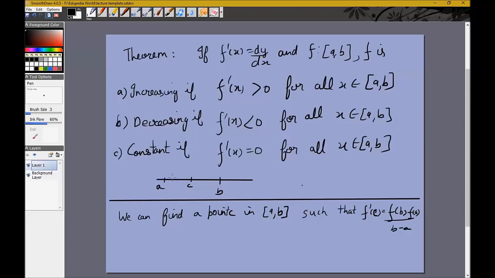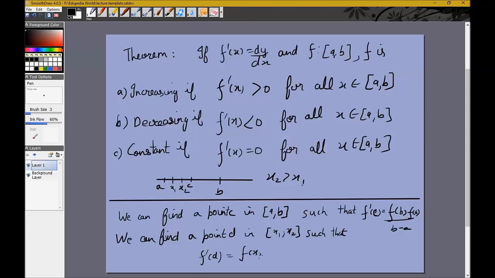But this is also valid for any x1 and x2. Let's say this is x1 and this is x2, such that x2 is greater than x1. Then we can find, let's say, a point d between x1 and x2 such that f dash of d is equal to f of x2 minus f of x1 by x2 minus x1.